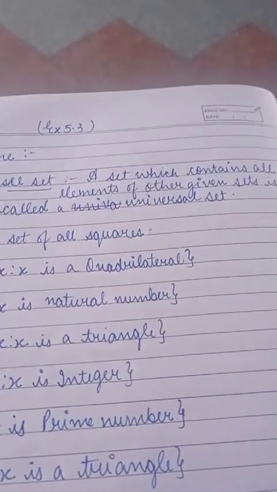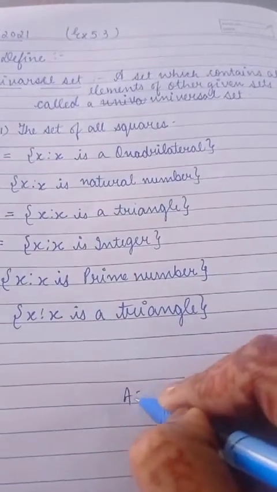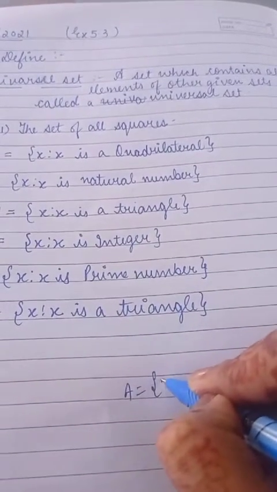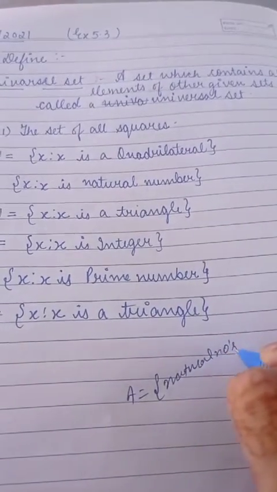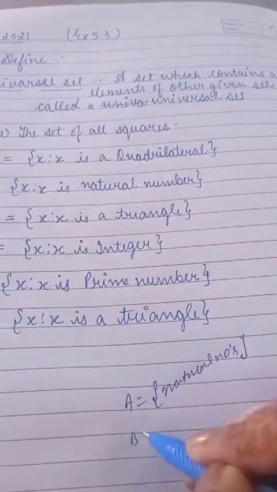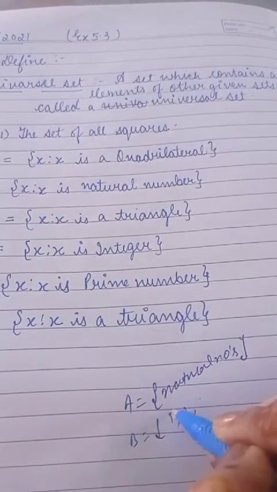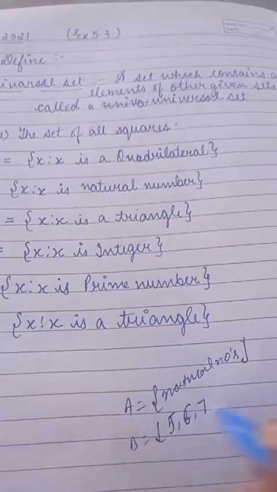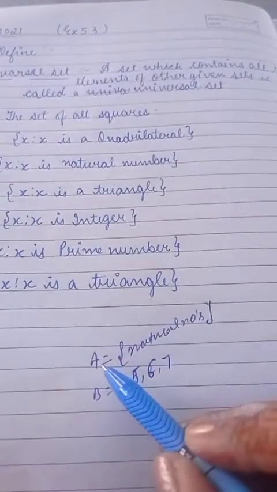For example, I'll give you example. Set A is a set of natural numbers. Clear? Natural numbers. Set B: 1, 2, let it be 5, 6 and 7. Now tell me, what are the possible outcomes of set A?